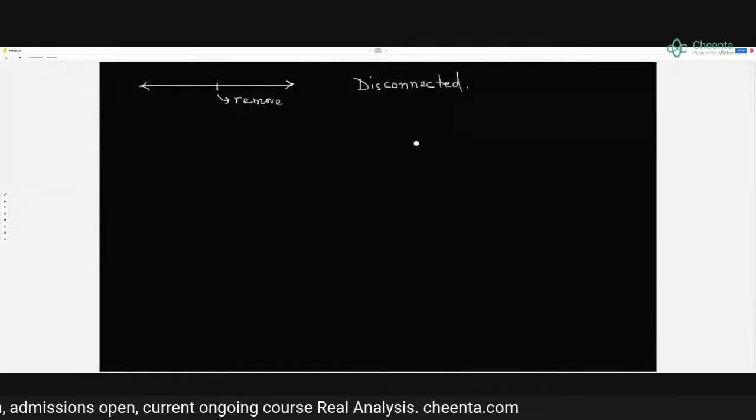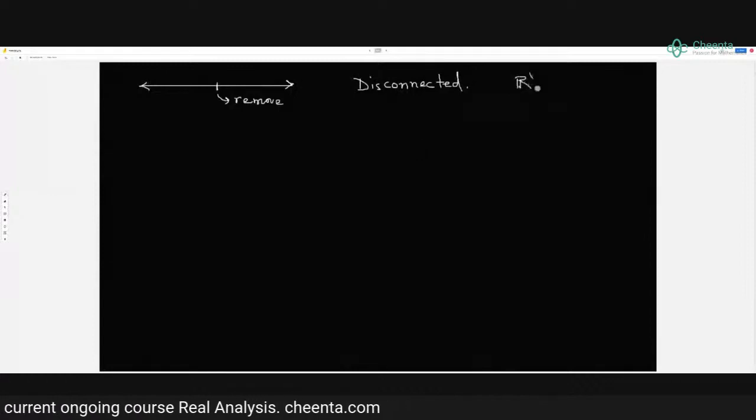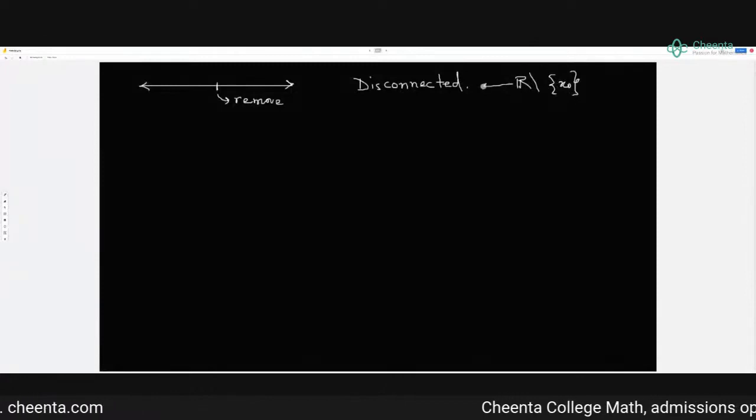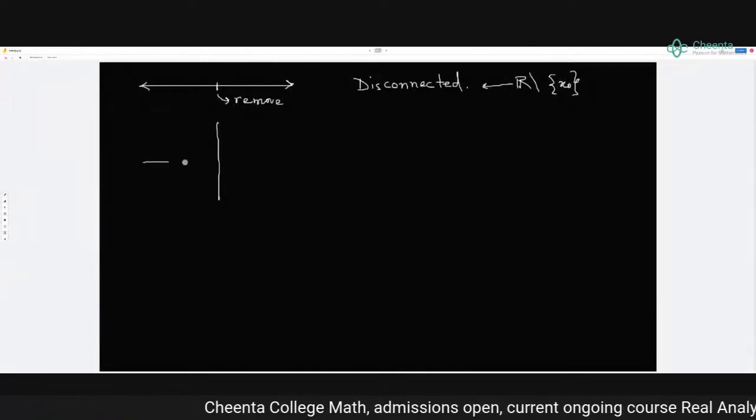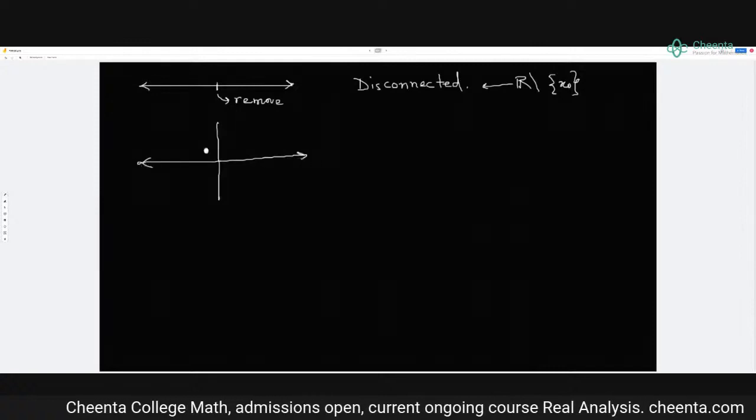All right. So from R, if you remove any single point, let's say x naught, then it becomes disconnected. But this is in contrast to R2.